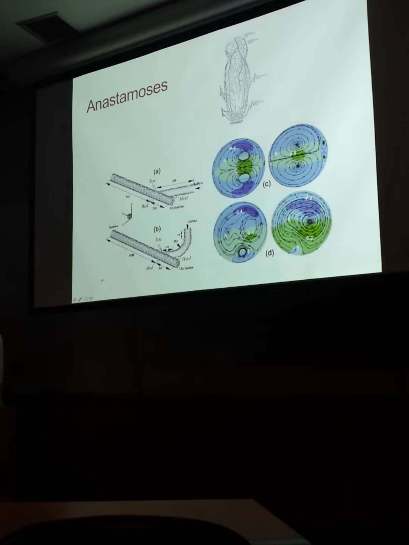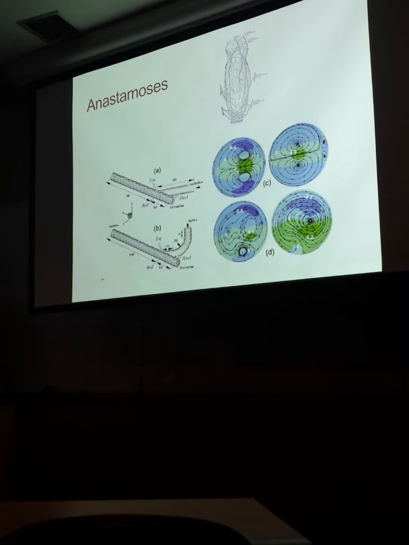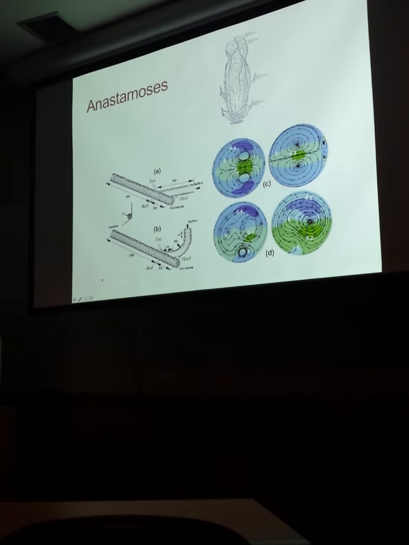And these are some models that they generated to look at these connection points where you have two vessels coming together, and you get what's called an anastomosis. That's really just a word for the connection. But at that point, you get some disrupted flow. It's hard to predict the blood flow pattern at that point. So it's clearly a deviation from our ideal case.